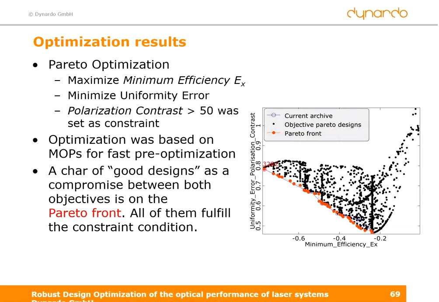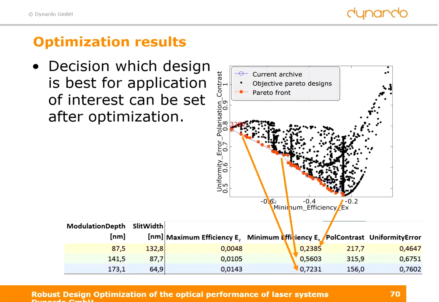So you see, we don't have only one best design. No, we have a set of good designs. And now you as a user can select which design is the best for your application.